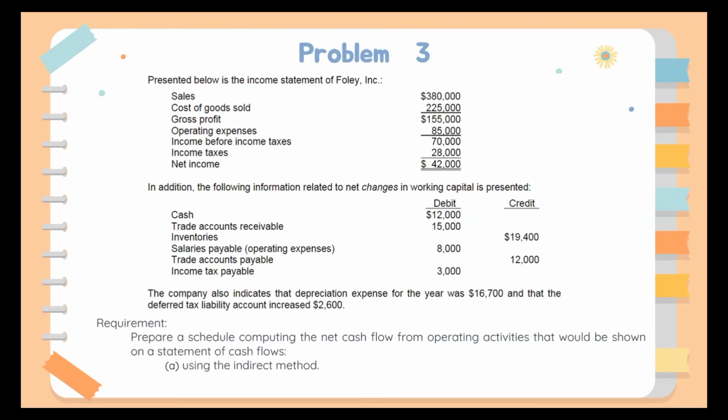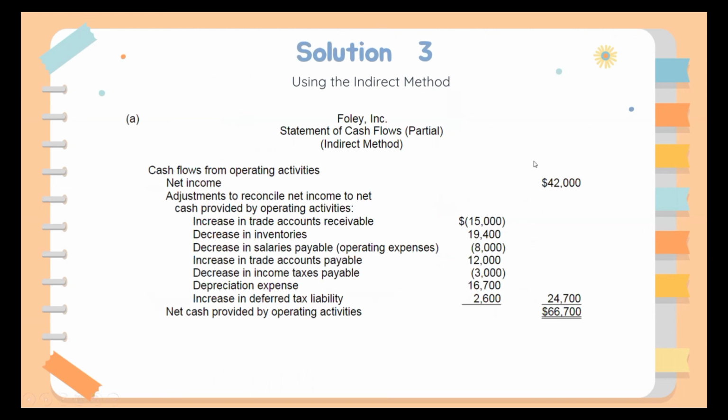So for the computation on using the indirect method, first kunin natin yung net income na 42,000. Tapos let's do the adjustments to reconcile net income to net cash provided by operating activities.